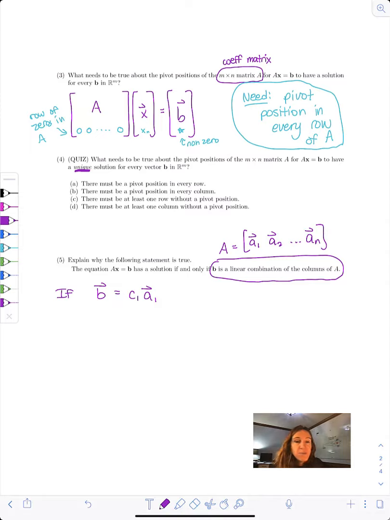So we have b equals a constant times our first column plus a constant times our second column, all the way out to some constant times our last column.